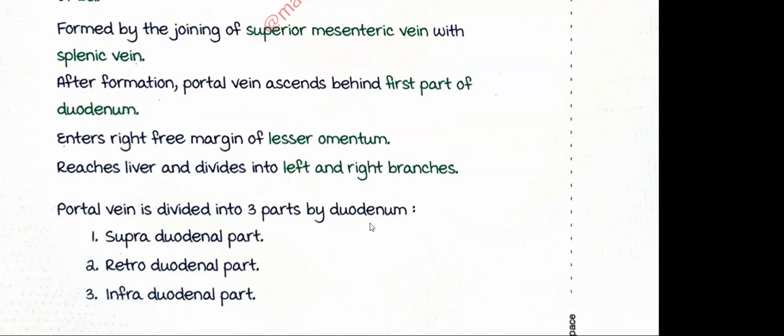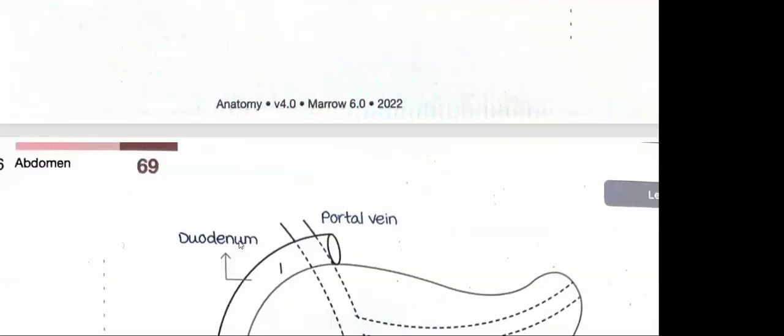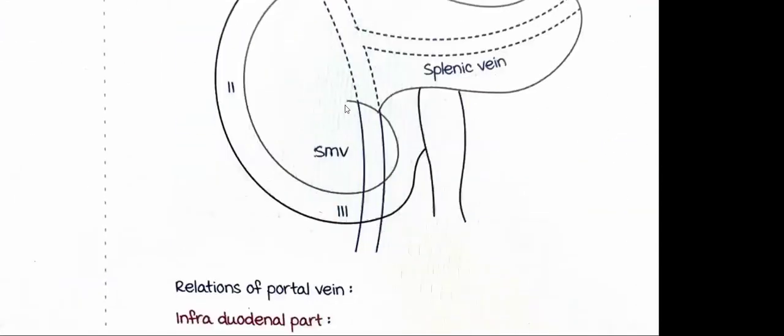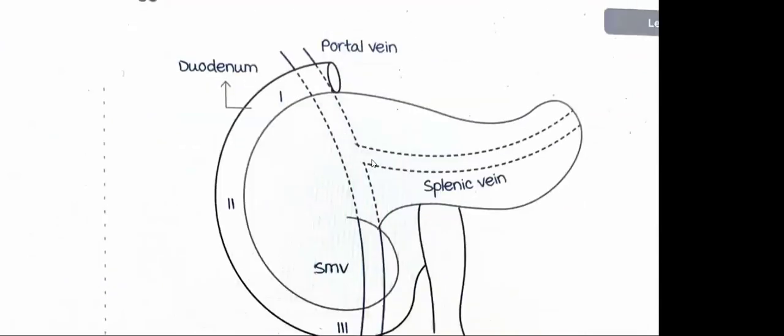Portal vein is divided into three parts by duodenum: supraduodenal part, retroduodenal part, infraduodenal part. So this is the duodenum and this is portal vein, splenic vein.